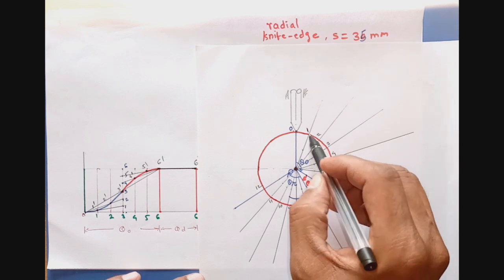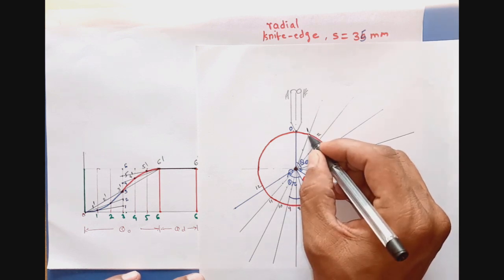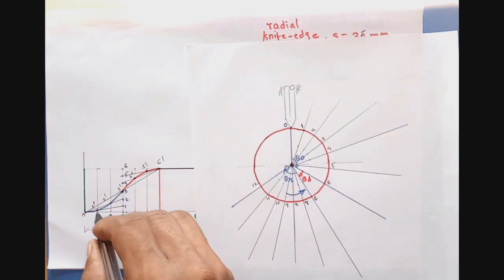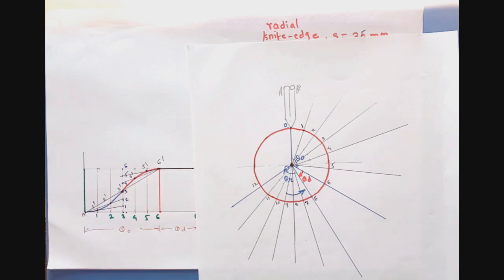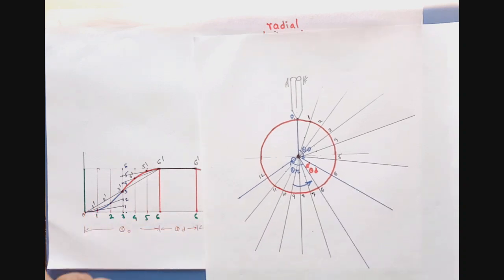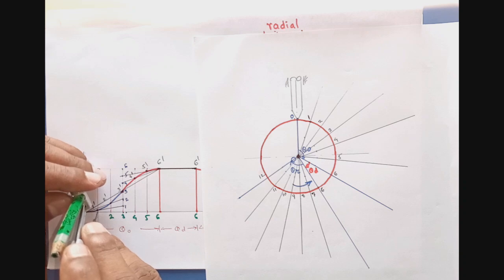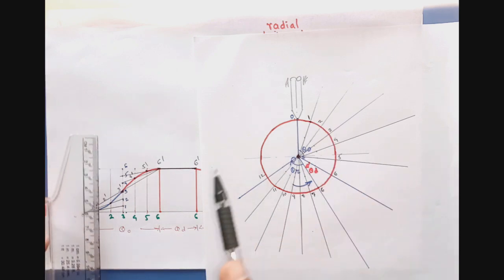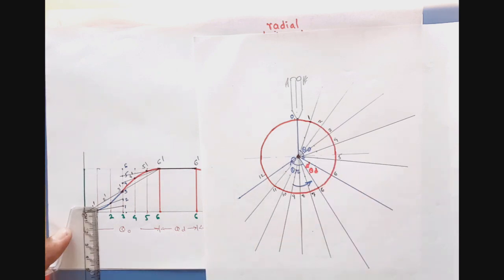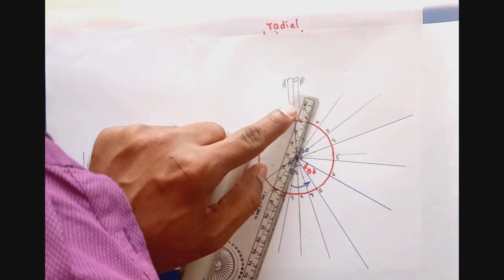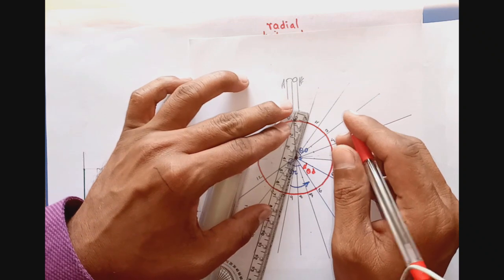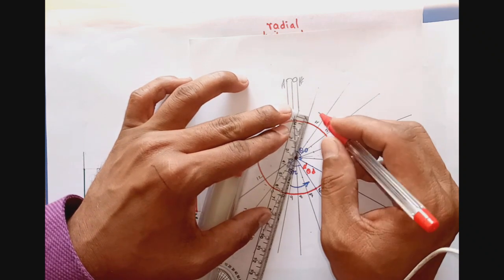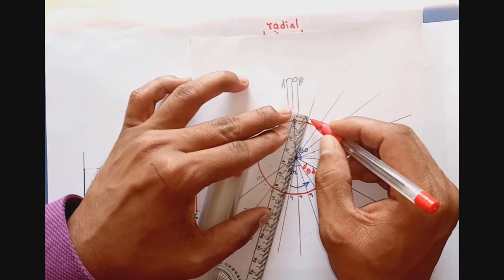We start from point number 1. This is 1. So this distance 1 to 1 dash is the displacement of the follower when the follower is at point 1. So it is 2 millimeters. So this is 2 millimeters in radially outward direction from the base circle or prime circle.